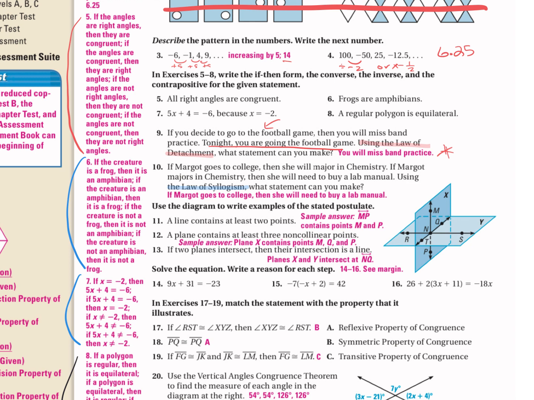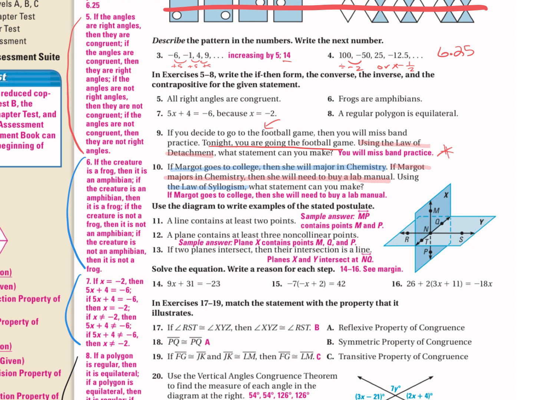Remember, for the law of syllogism, it's sort of like transitive, where the conclusion of the first statement will cancel out the hypothesis of the second. So my first statement was if Margot goes to college, then she will major in chemistry. Then the second statement was if Margot majors in chemistry, then she will need to buy a lab manual.